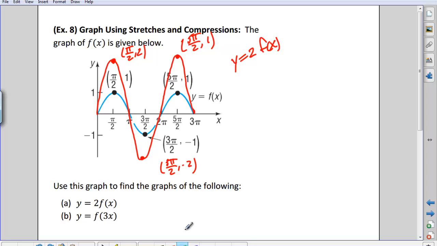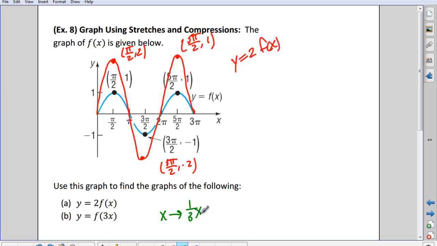Okay, let's check out y equals f of 3x. Now, what that means is, again, to get the same y coordinates, if we multiply this x by 3, we need to cut our x's in our table by 1/3. So my x values basically need to be multiplied by 1/3.